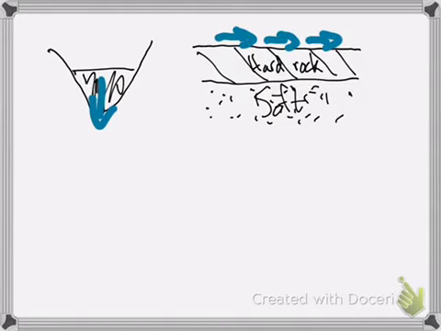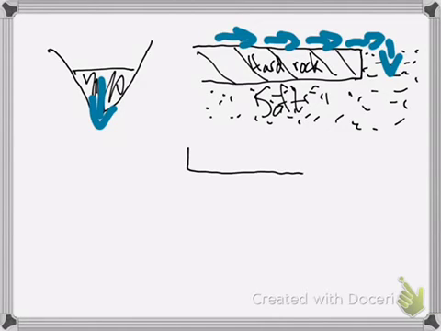But where this hard layer of rock ends, there's now a soft layer right there. This river is going to flow over it and start digging into it. And that will lead to this.